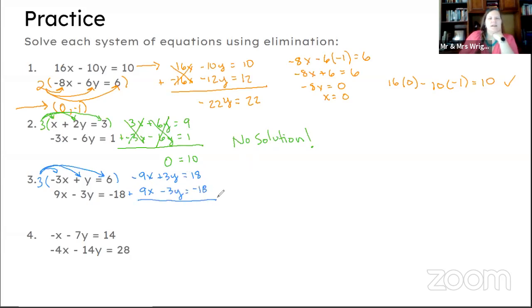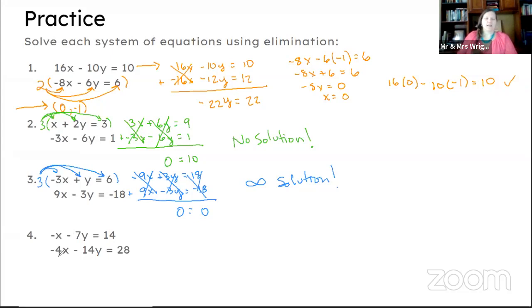Okay, add these together. Negative 9x, positive 9x. They're going to cancel out. Positive 3y, negative 3y. Uh-oh, these are canceling out too. So I've got 0 equals 18 and negative 18. They cancel out as well. So I've got infinite solutions. Why? Because we have a true statement here at the bottom. 0 equals 0. Infinite solutions. These must be the same line.